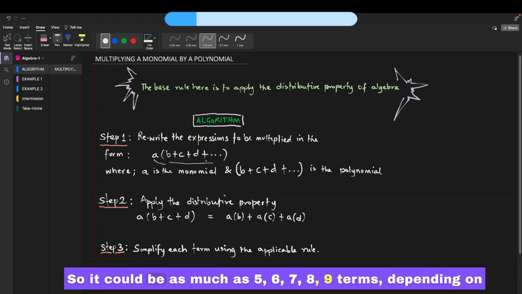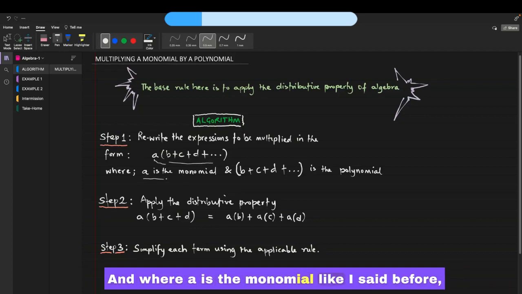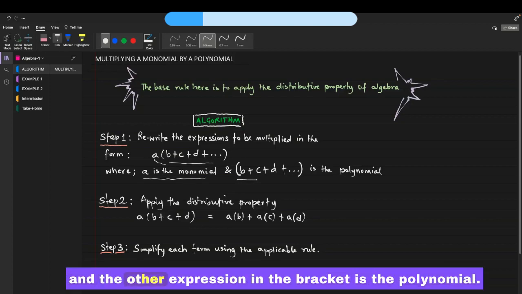So it could be as much as 5, 6, 7, 8, 9, 10 terms, depending on what the question is expecting you to do, of course. And where a is the monomial, like I said before, and the other expression in the bracket is the polynomial.